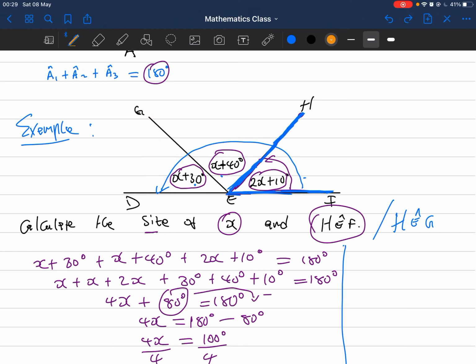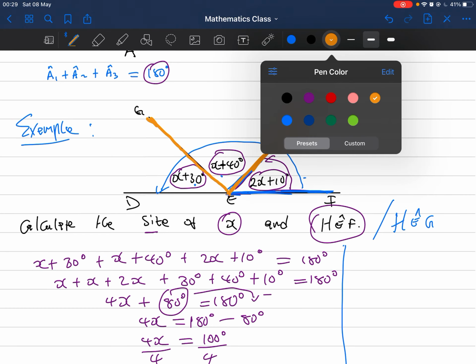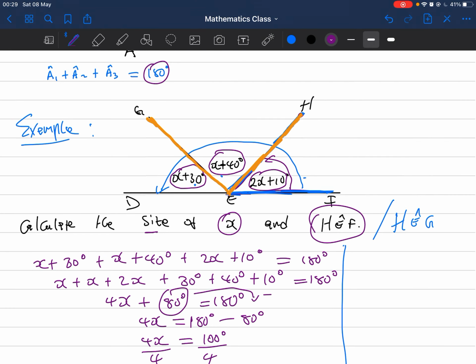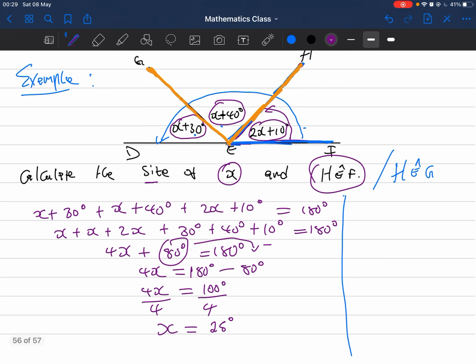But we are looking for a different scenario. We are looking for HEF, this angle HEF.